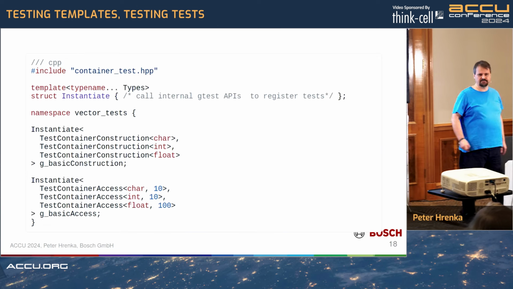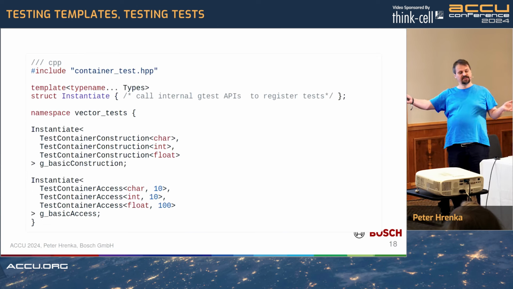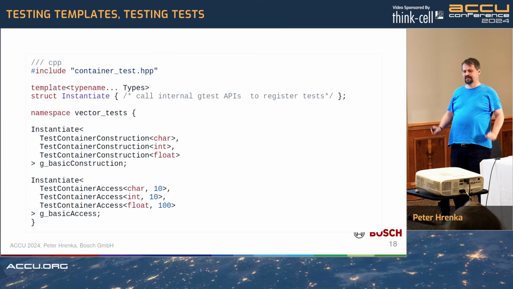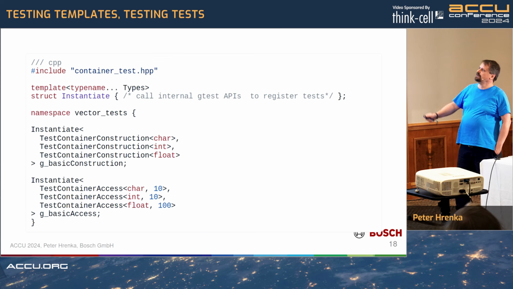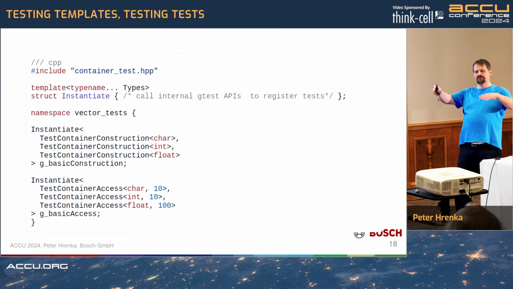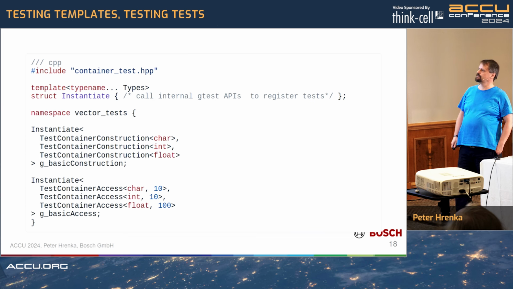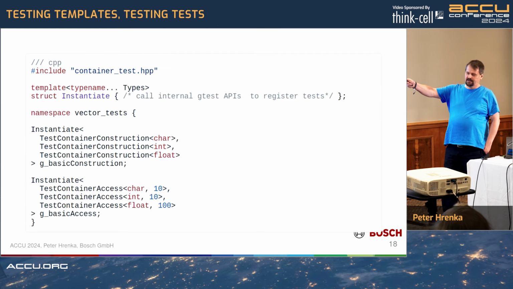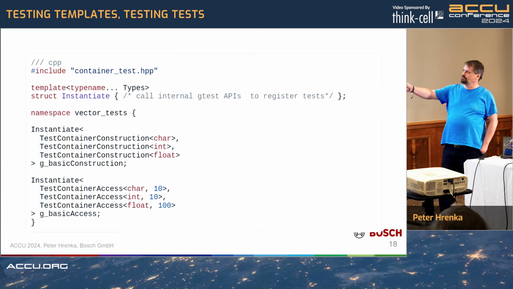But then, unfortunately, it's not finished. The stuff that we're seeing now here is the replacement of this test suite thingy. So what do we do here? We have to instantiate that. And this is where we have to kind of re-implement some of the stuff that Google Test is doing in these macros. So we just made a template that can instantiate multiple times. We just manually instantiate that.